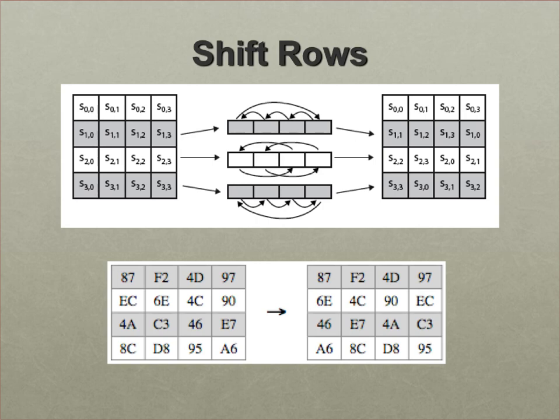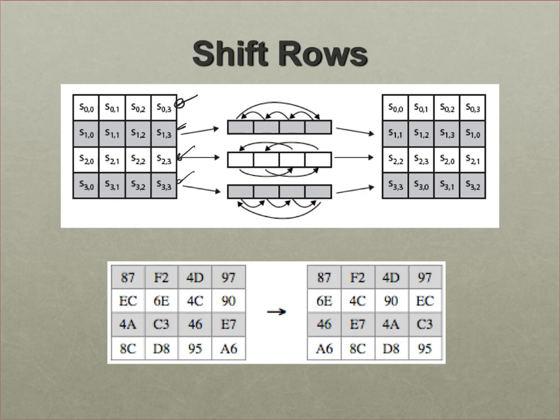So here, very simple. The first row of the state matrix, no change. The second row, we shift 1 byte to the left. The third row, 2 bytes to the left. The fourth row, 3 bytes to the left, which is 1 byte to the right.